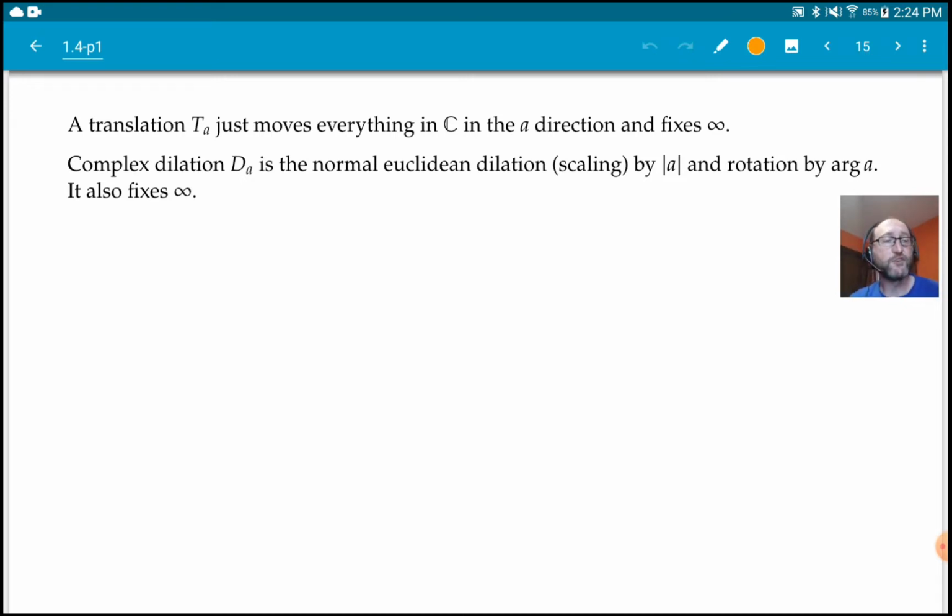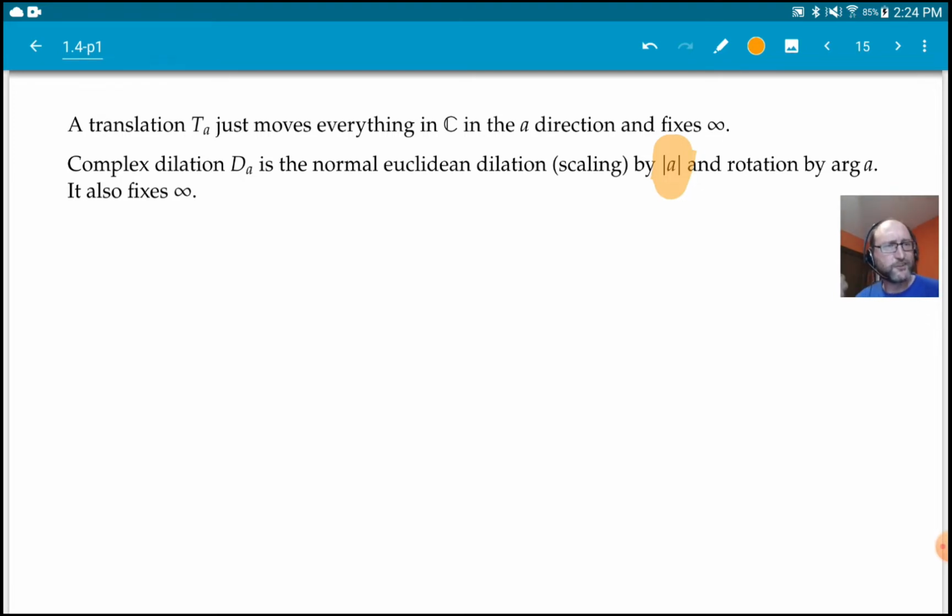It's a normal Euclidean dilation, which is just rescaling by the size of A, by the modulus of A, but it also rotates. So you get both. The complex dilation is basically both rotation around the origin and scaling.